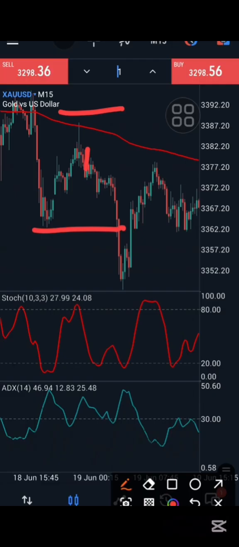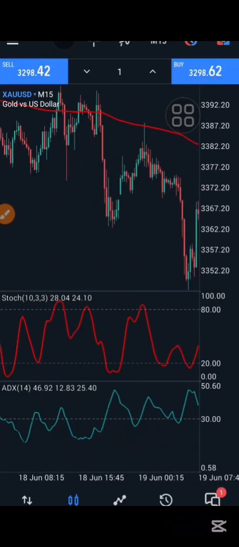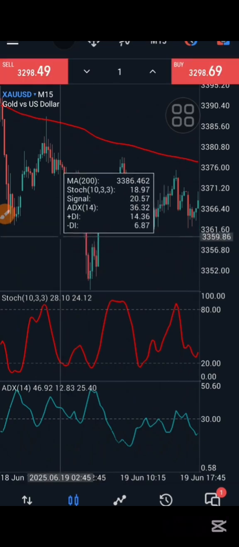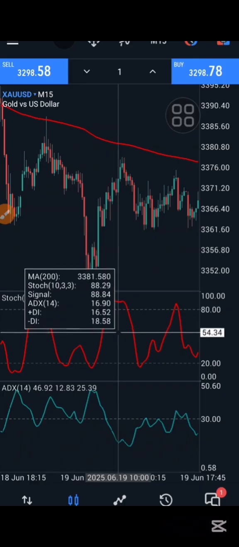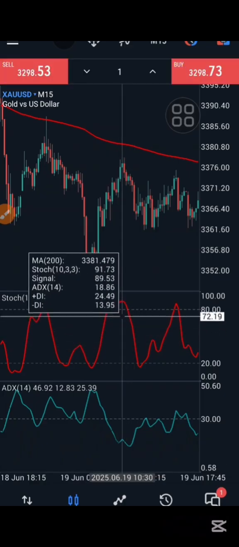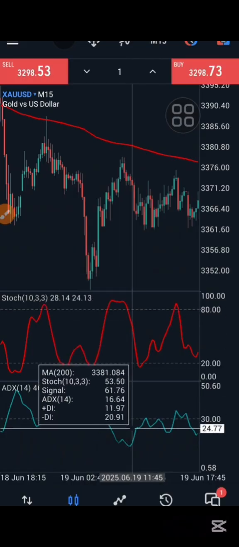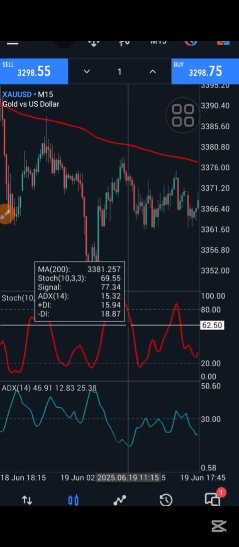So let's look at examples. For the selling examples, I think here we had an example, and this was going to result in a winning trade. And here we're not going to have a trade. Why? Yes, the stochastic crossed below 80, but if you check the value of the ADX, it was below 30, so we're not going to take the trade here.